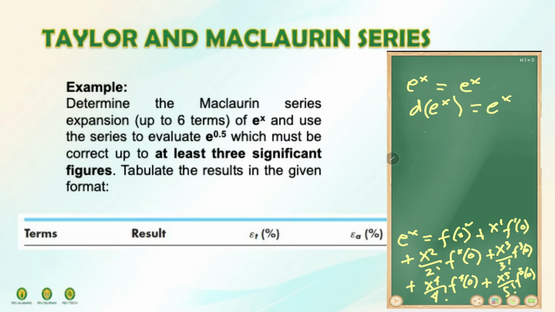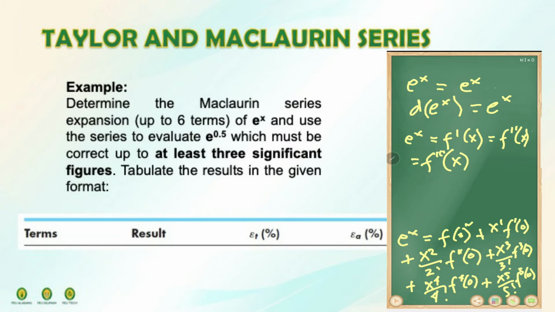Therefore, the first derivative f prime of x is also equal to the second derivative, and this is also equal to the third derivative, and so on and so forth. That's the first mind-blowing thing about the number e: the derivative of e to the x is also equal to e to the x.